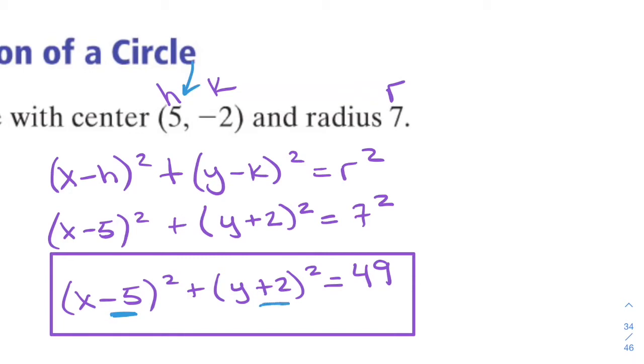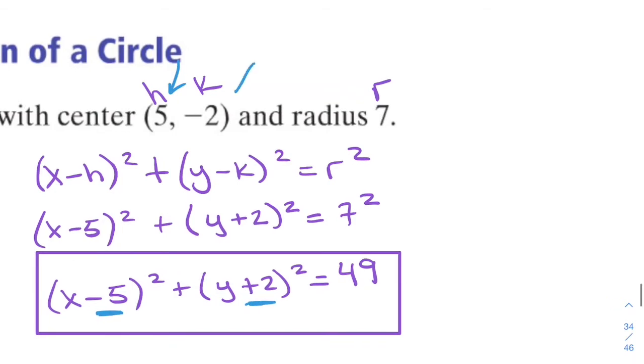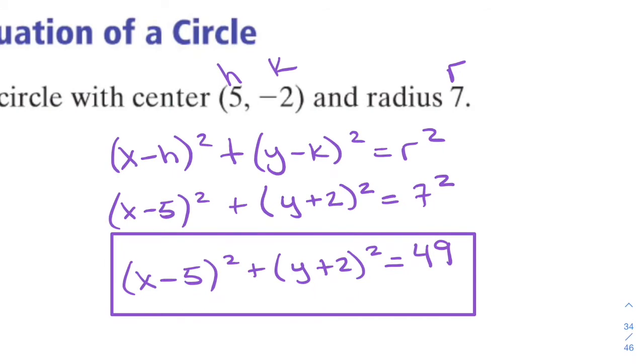If you see a negative 2, k was a positive 2. If you see 49, r was really 7 because of the square root. So you're just going to flip-flop between the orders. All right. We're going to do a lot more practice, so you'll be masters at this very soon.